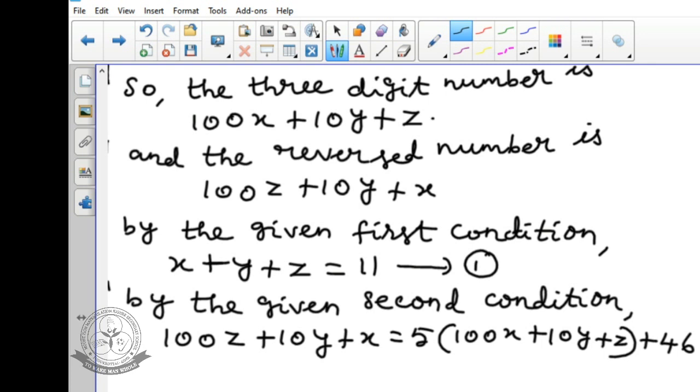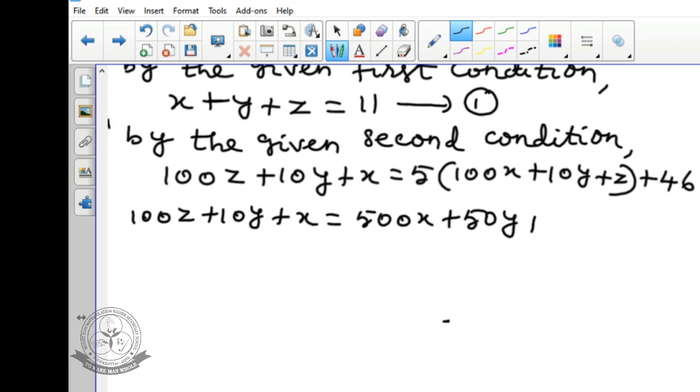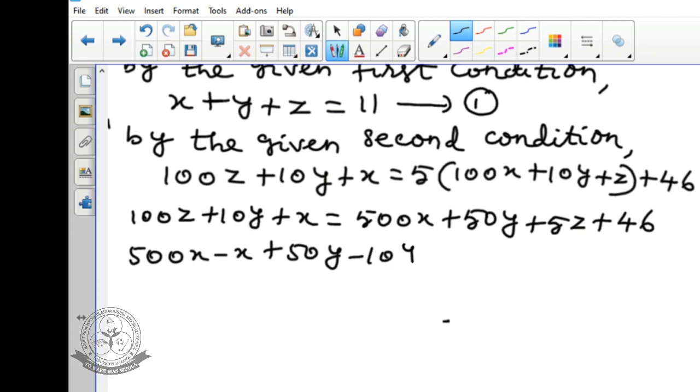Then we can simplify this to get another equation. So 100z plus 10y plus x equals, multiplying inside, 500x plus 50y plus 5z plus 46. Next, you have to bring the x terms, y terms and the constant term together, so we get 500x minus x plus 50y minus 10y plus 5z minus 100z equals minus 46.